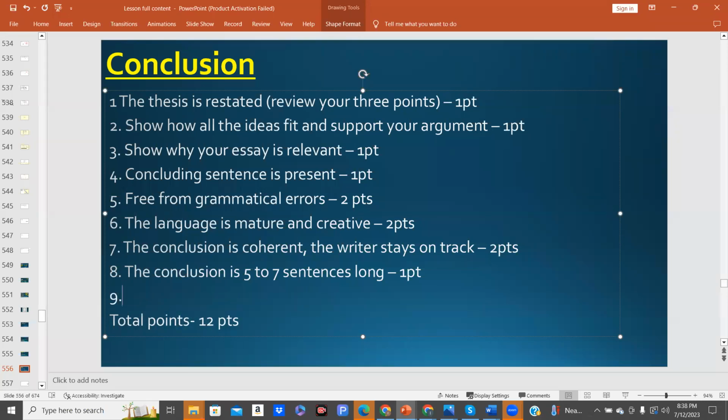Number 9. No new points are introduced in the conclusion. So you don't want to introduce any new points. You don't want to say, "Oh, and by the way, I forgot to say this." No. No new points are introduced.